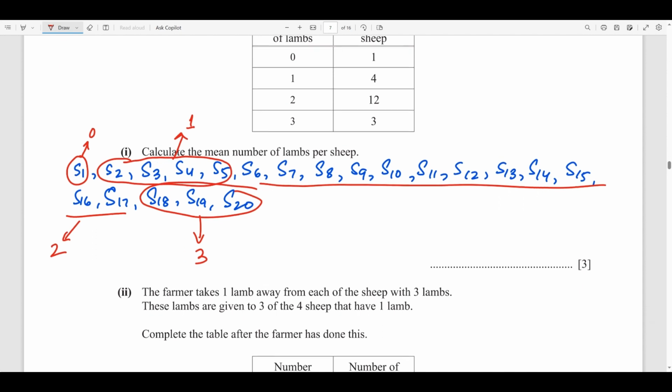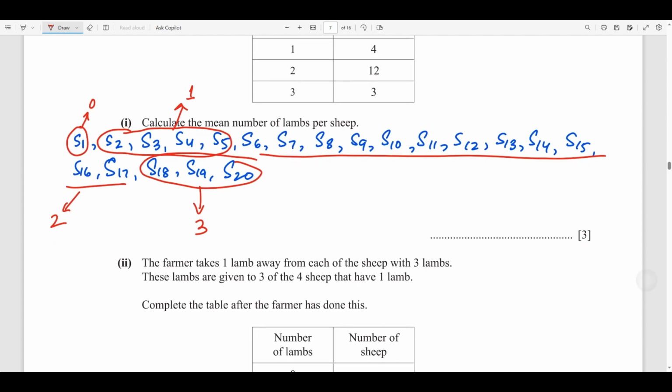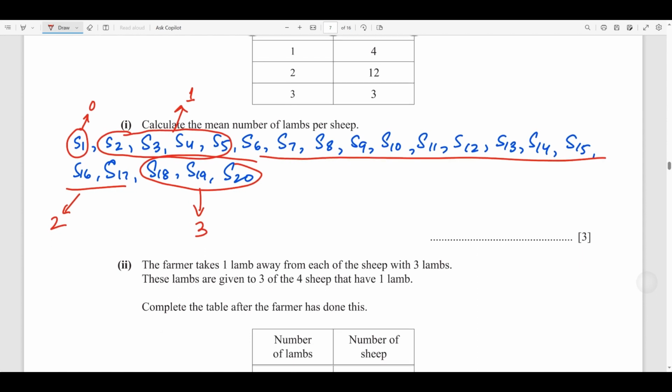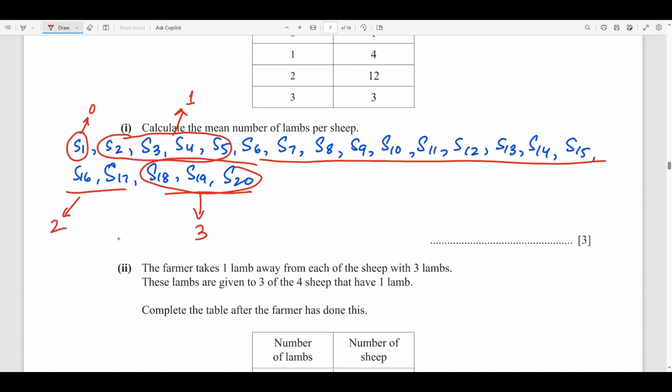So the question is that the farmer takes one lamb away from each of the three sheep with three lambs. So the sheep which have three lambs each, one is taken away from each of these three. Which means now they have two each, right?